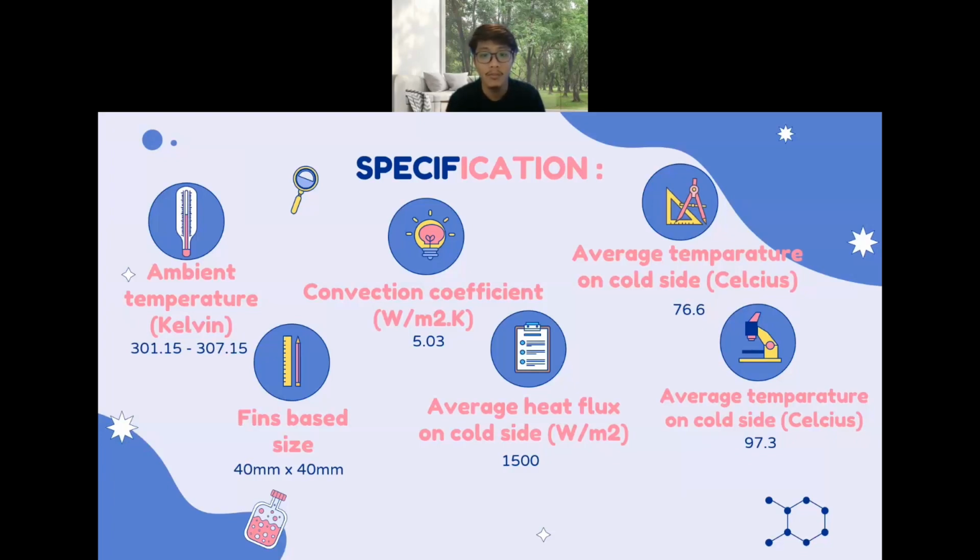For average heat flux on cold side is 1500, and then the average temperature on cold side is 97.3 Celsius.